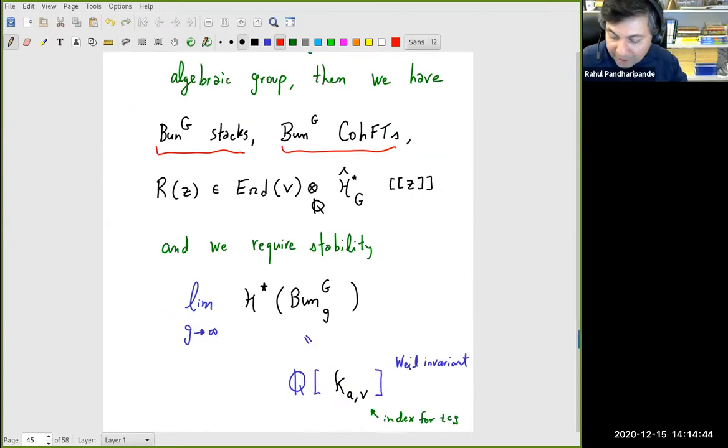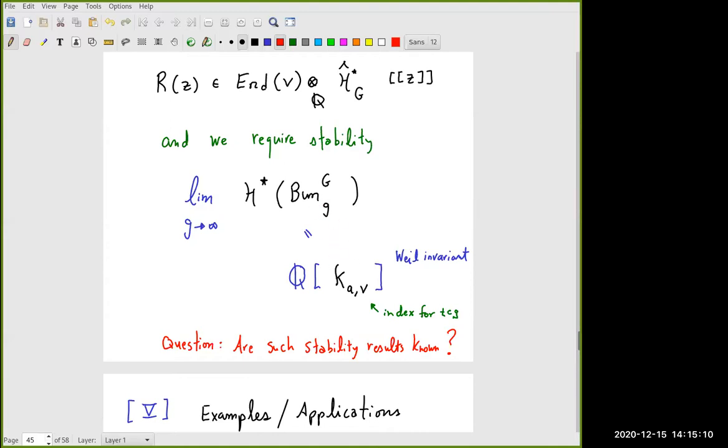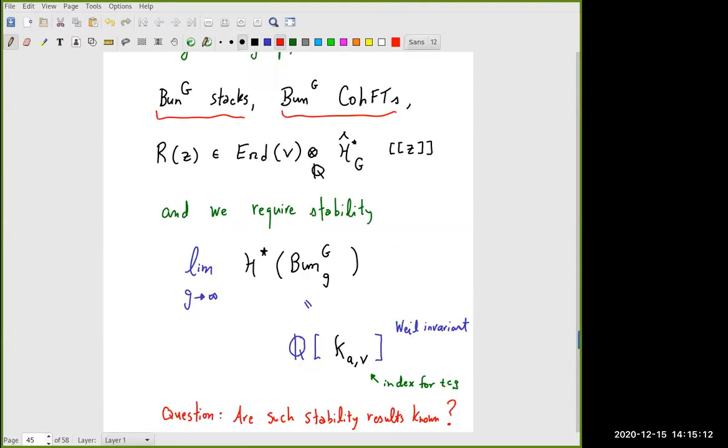In order to prove it, you need some stability statement, which says, in some way to formulate it, that if I take this Bun_G and let G go to infinity, then the analog of the Mumford statement is that there should be some kappa algebra, which comes from taking indices for the maximal torus, and then there's a natural way to take Weyl invariants there. I would think that's got to be the answer. And if that's true, then probably the whole theory works for the connected reductive group.